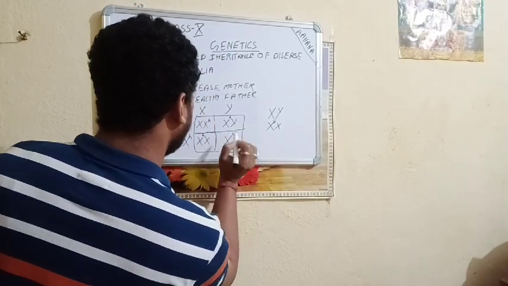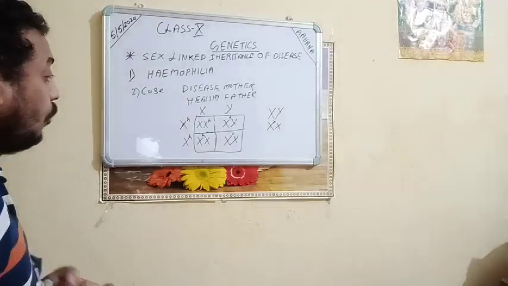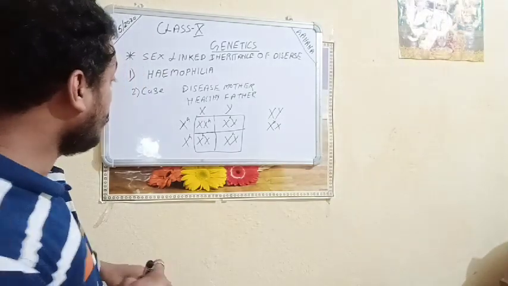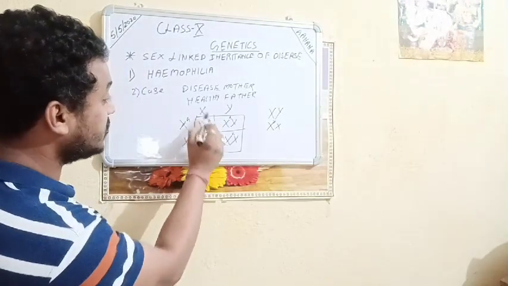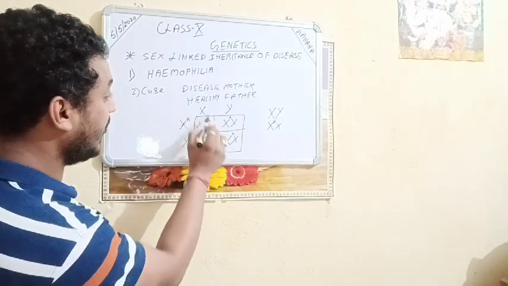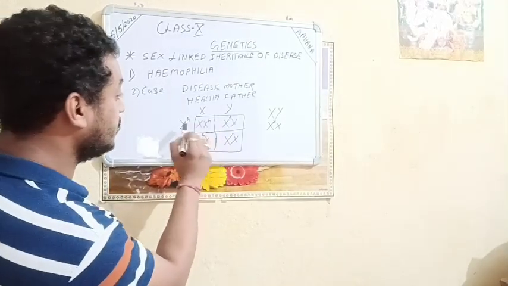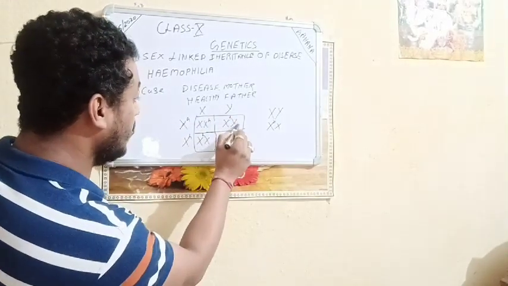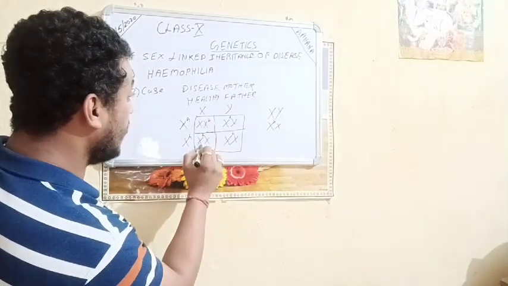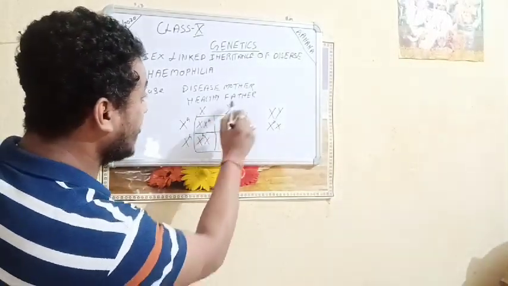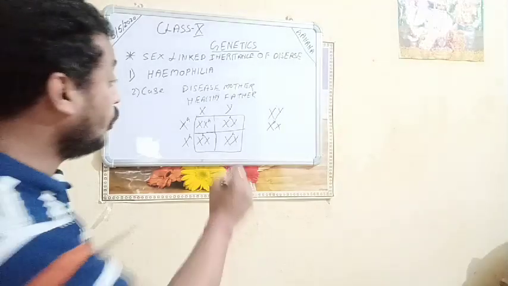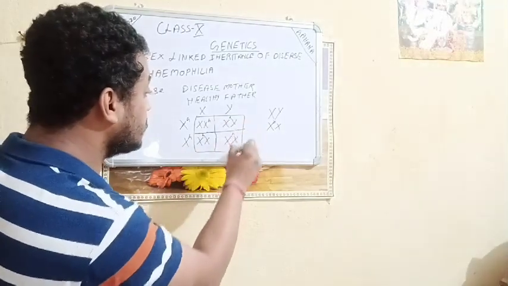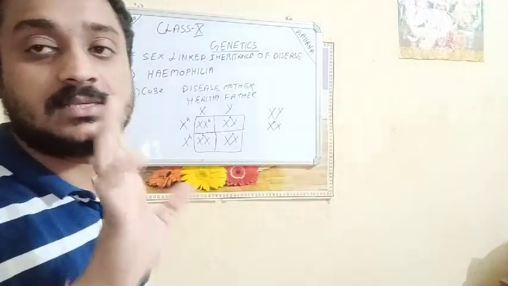In this Punnett square, 4 children are there. Out of that, first cross XHX, then XHY, then XHX, correct? Then XHY. Means both the sons will get the disease.